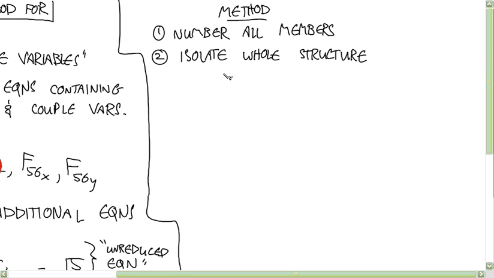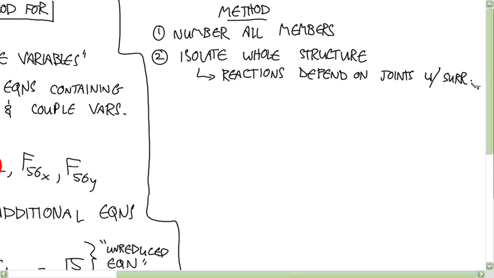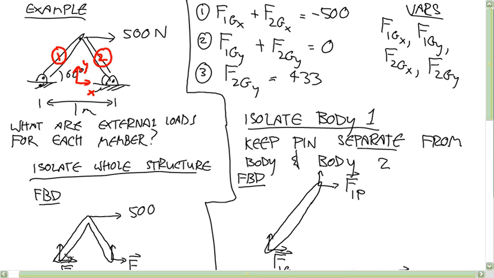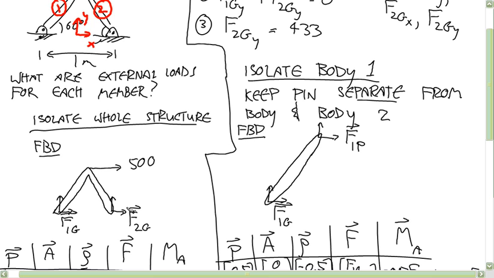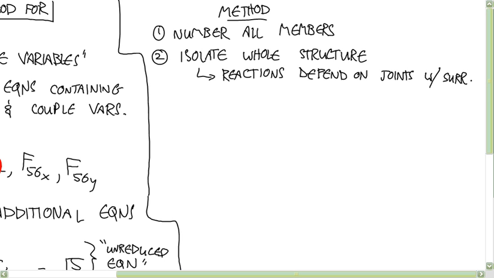So in your free body diagram, the reactions acting on the whole structure depend on the joints with the surroundings, right? Like in this example, when we isolated the whole structure, these reaction loads depended on what the joints were between the ground and the whole structure.